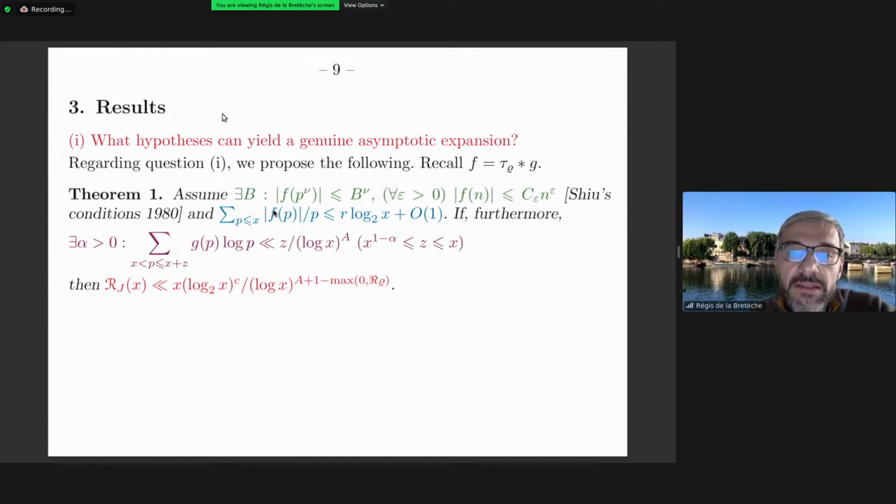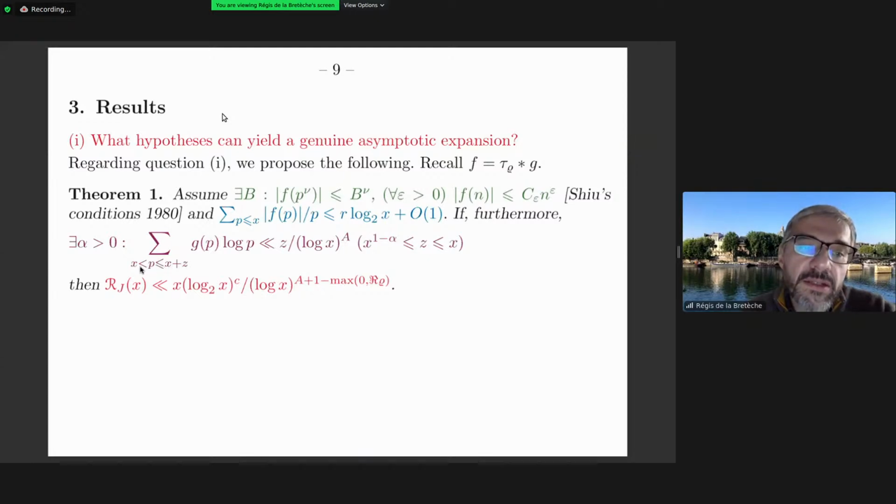I mean, if it's compatible with this mean value condition. And then we had a very specific hypothesis, a hypothesis on a small interval.